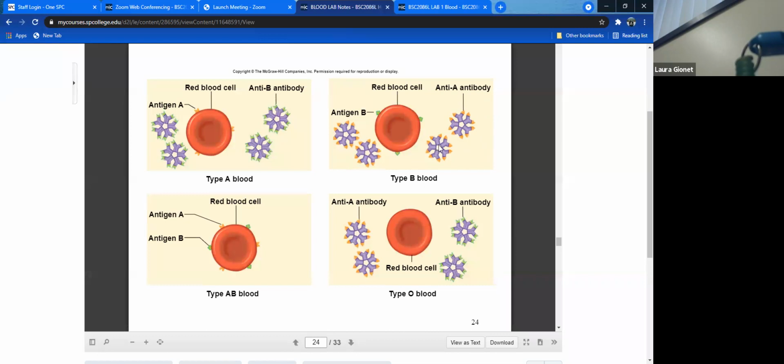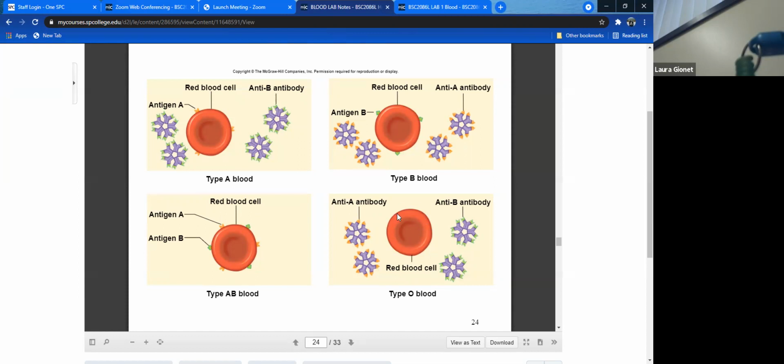All right, so we have no worry that the antibodies that I'm going to automatically make at about 4 months of age from our liver, right, are going to bind with the antigens on our own red blood cells. Right? All right, then we're going to go down to the bottom, type O blood.